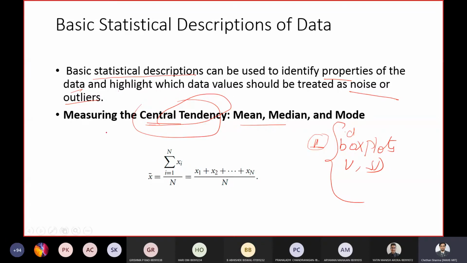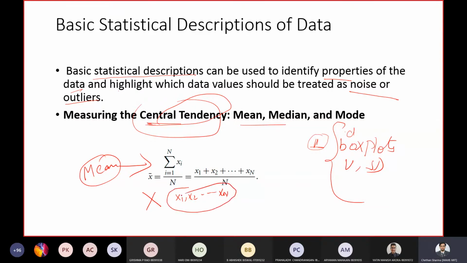The first thing is with respect to the central tendency. We'll start with mean. This particular equation helps you in the calculation of the mean. Suppose there is a set of values which are observed, say x1, x2 till xn.